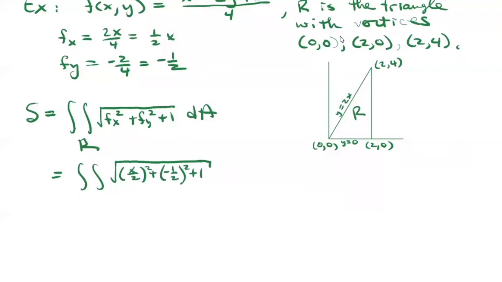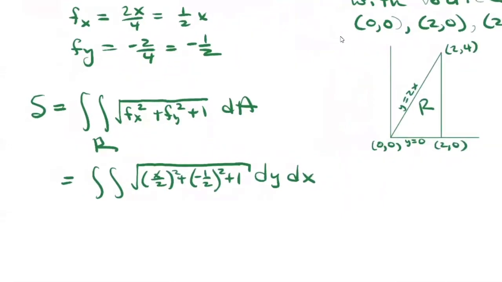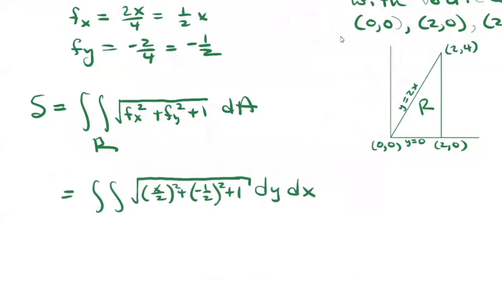That'll be dA, and we can put limits on. Let's say dy dx. So y is going to go from 0 to 2x. Remember, it's curve to curve on the inner limits. These are not constants, they are curves. So y is 0 on the bottom and y is 2x on the top, and then x goes from 0 to 2.